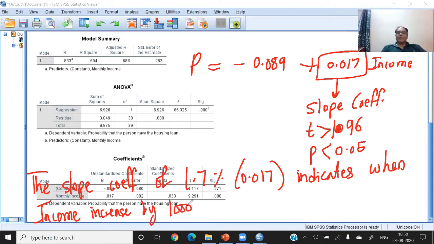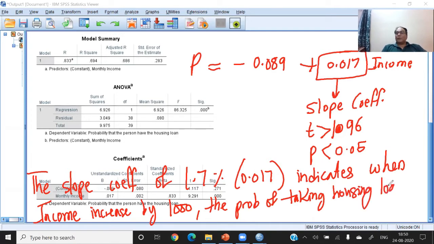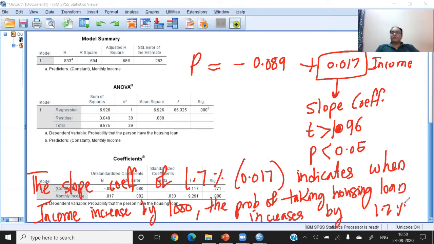When the income increases by 1000 rupees, the probability of taking a housing loan increases by how much? 1.7%. So this is the meaning of beta in the linear probability model.